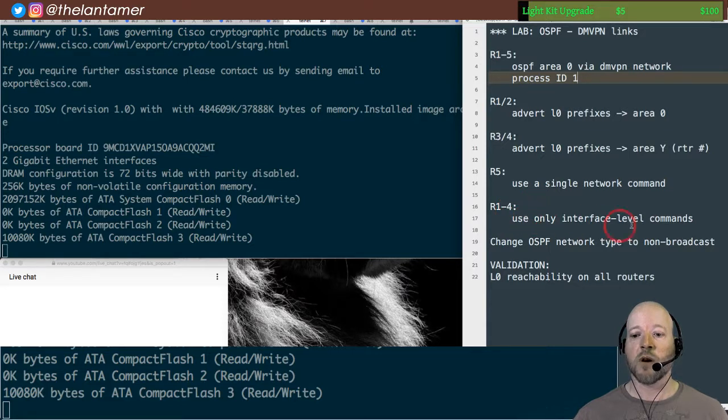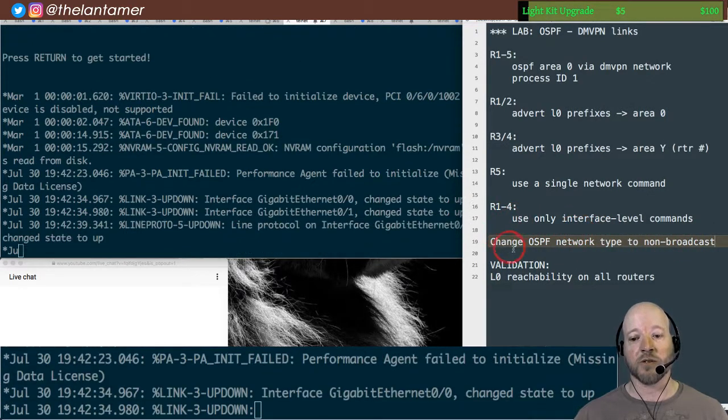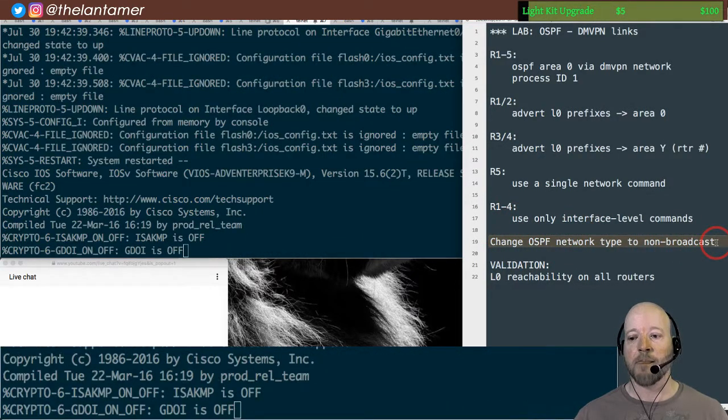Routers 1 through 4 also, they want us to use interface level only commands, and change the OSPF network type to non-broadcast. Okay. Interesting. On routers 1 through 4. Very interesting.